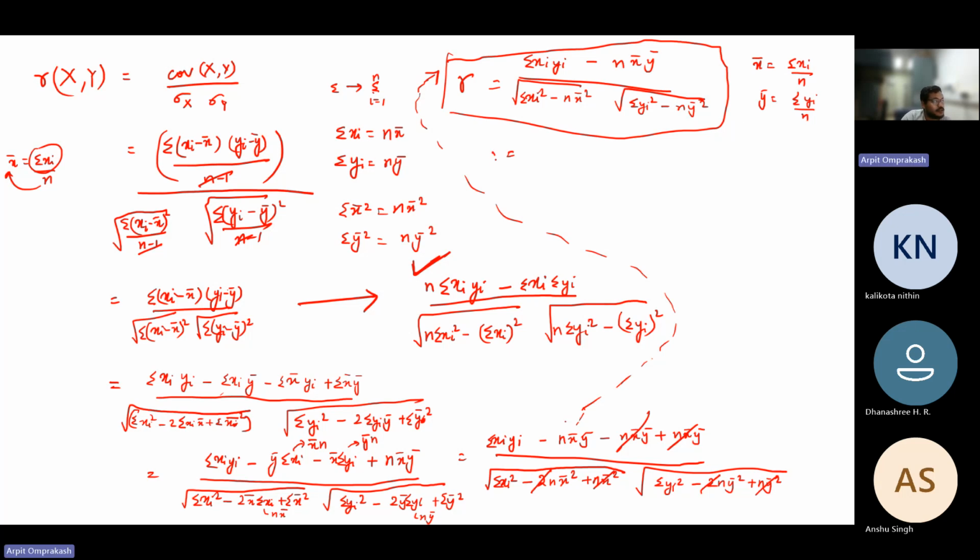So now what happens is, now we have r is equal to xi yi summation minus n into summation of xi by n into summation of yi by n divided by xi square minus n into summation of xi by n whole square. And for y again, yi square minus n into summation of yi by n whole square.